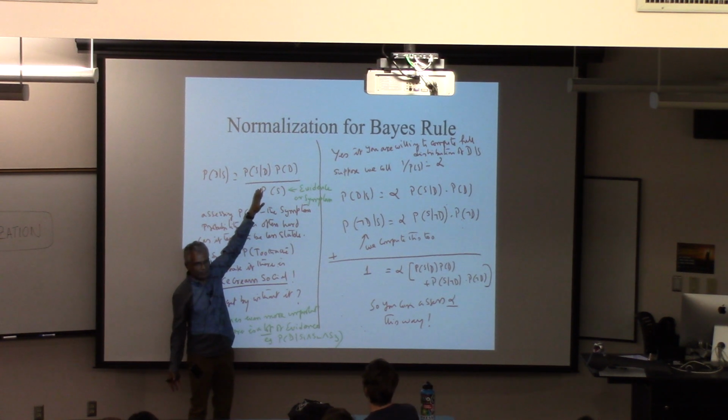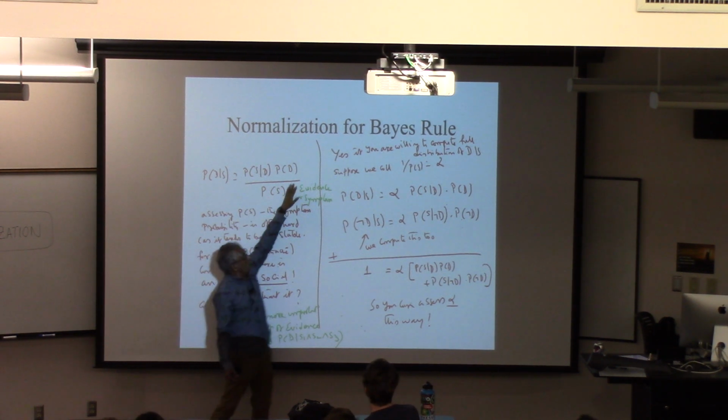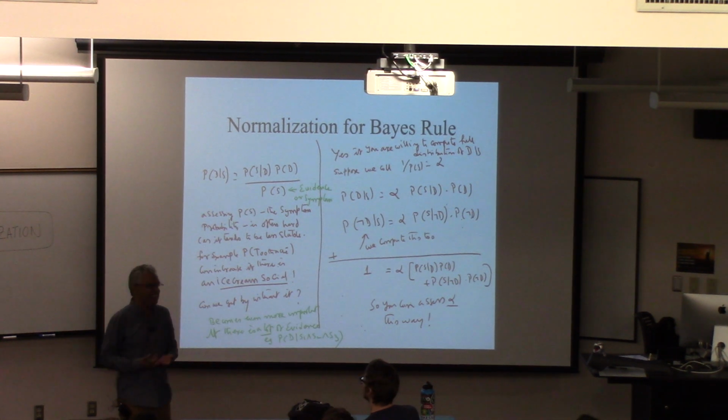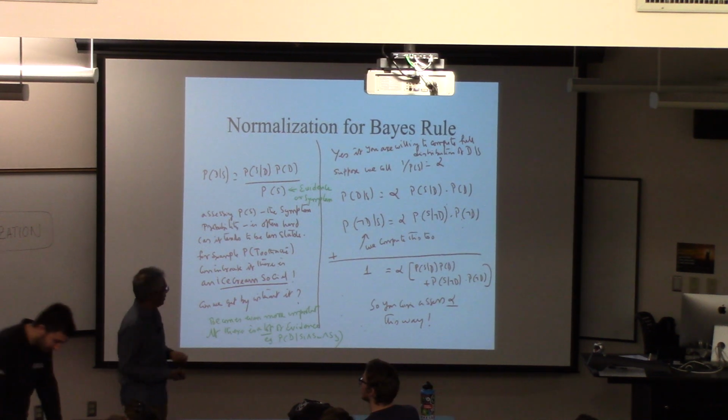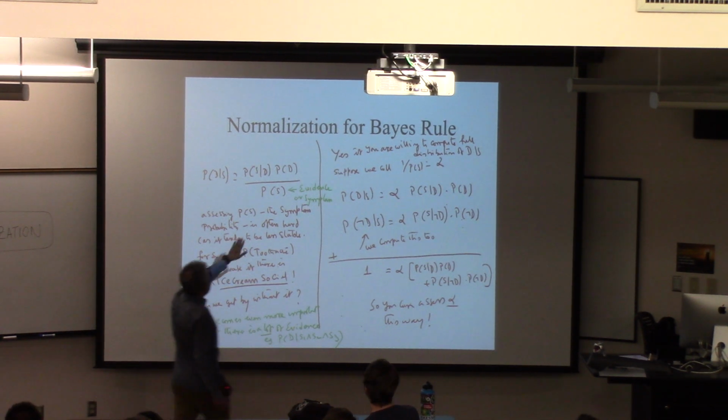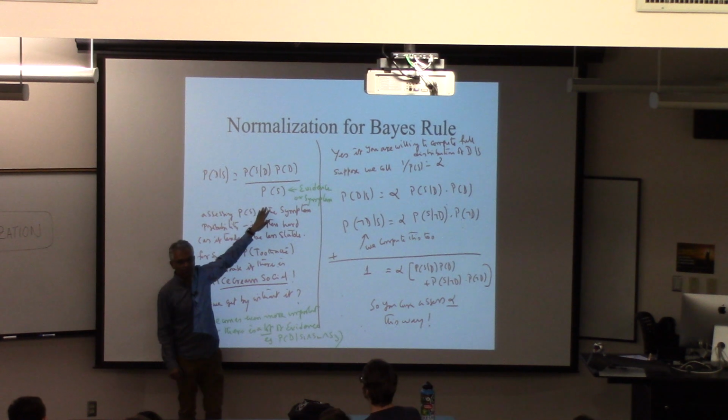That's the causal knowledge. Probability of disease is what's called the prior knowledge, the prior on the disease. What's the probability that in a random population, people have this disease? And this one is the probability of the symptom.